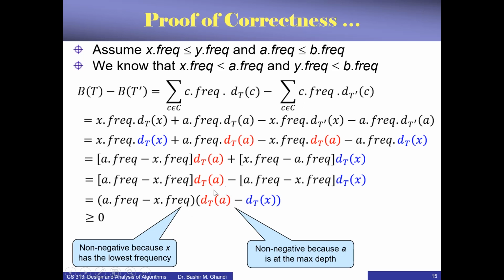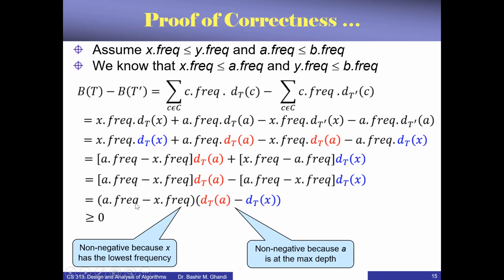So the depth of A is higher than the depth of X. If you subtract, you're going to get a non-negative value, because A is at the maximum depth. If you look at that tree T, you see that A was down and X was up. So these two terms are both non-negative, therefore you're going to get a non-negative result if you multiply them out.